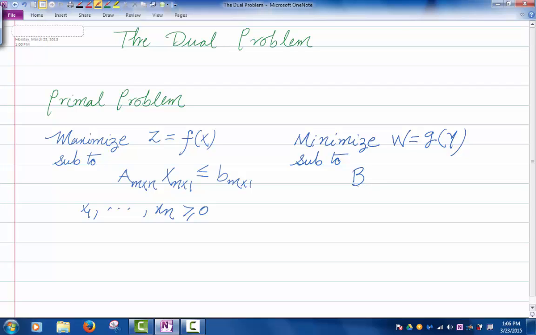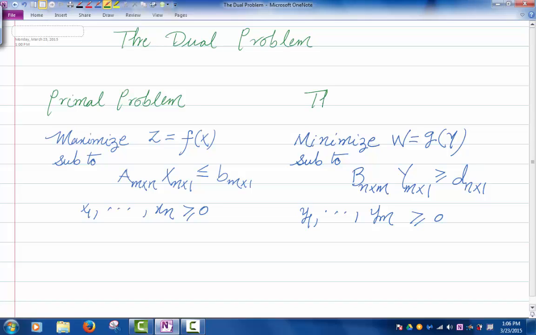Here it will be the opposite, n by m. The decision variables in the dual problem, there are m of them, so y is m by 1. This would be larger than or equal to some constant vector d, and d would be n by 1. Also the decision variables y1 up to ym are non-negative. So this would be the dual problem.